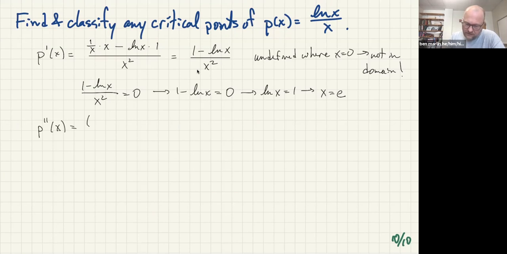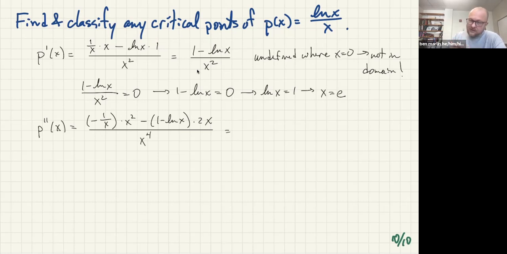So derivative of 1 is 0 minus the derivative of log x is 1 over x, multiplied by the bottom, minus, now we put the top down without the derivative, and multiply by the derivative of the bottom, which is 2x. And then we have to divide by the square of the bottom. X squared squared is x to the 4th.